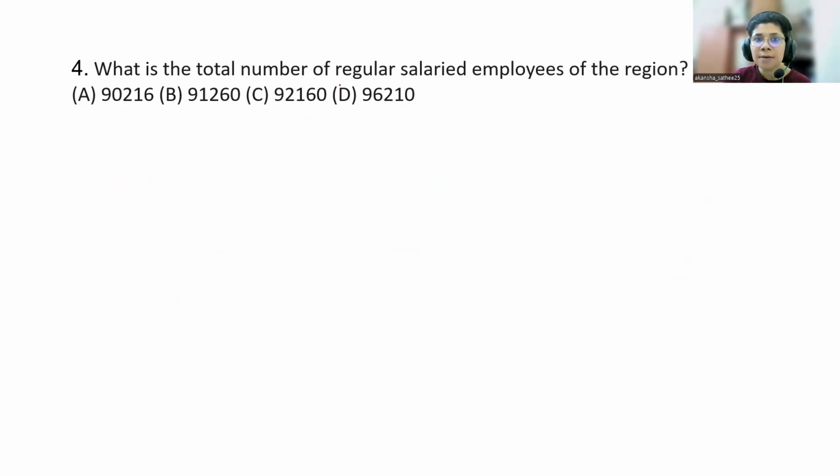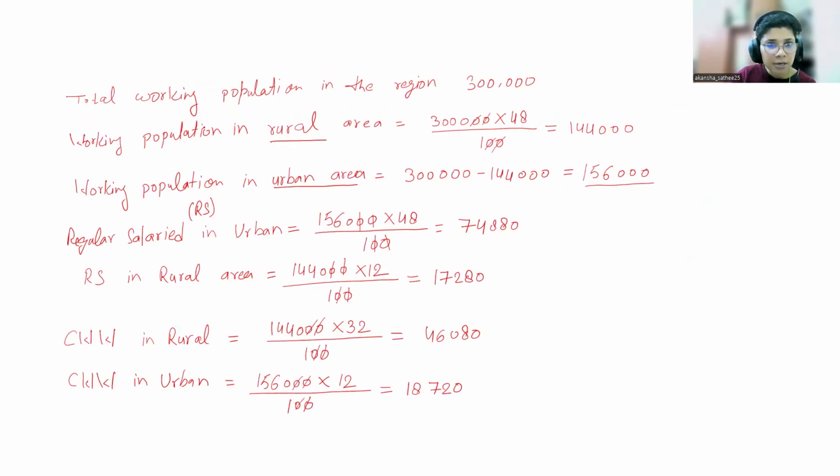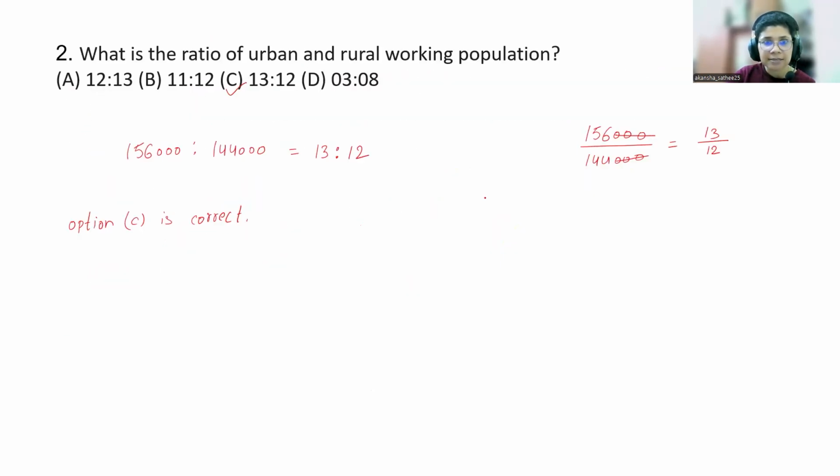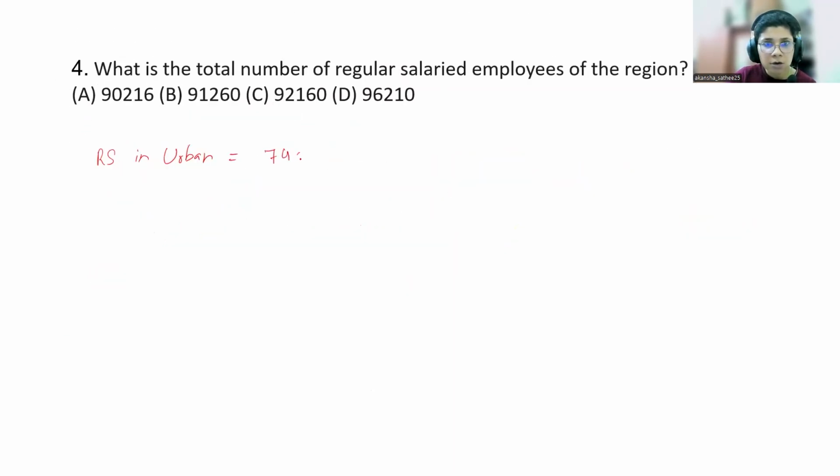What is the total number of regular salaried employees of the region? Of the region means regular salaried employees in urban as well as in rural area. So, regular salaried in urban is 74,880, right? 74,880.